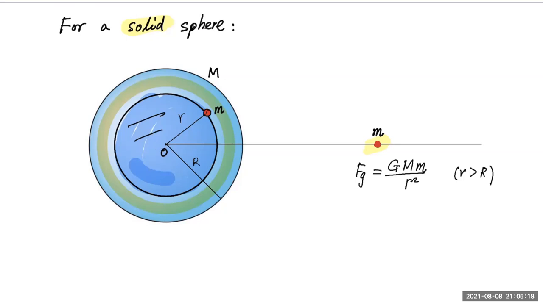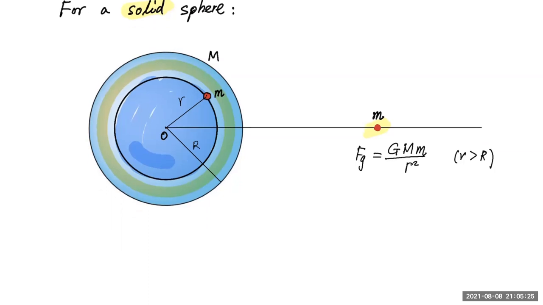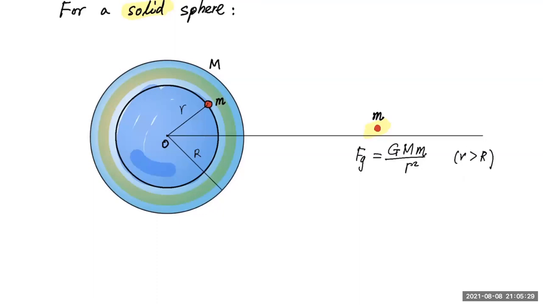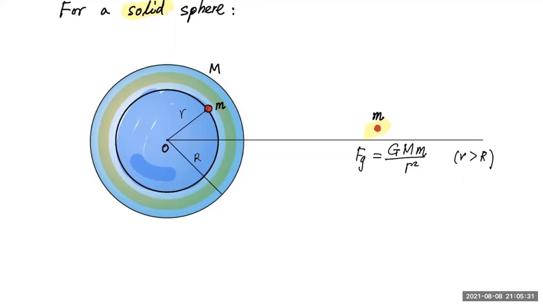It's the same as the force between a point mass m prime and this red point mass, and m prime is the total mass of the shaded region.